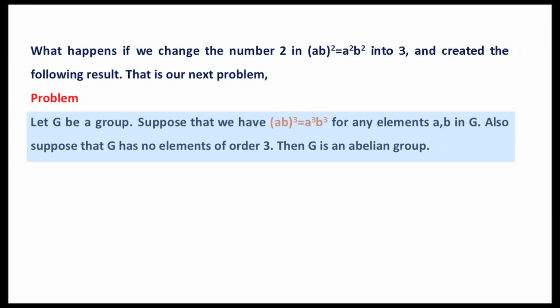Let G be a group. Suppose that we have (ab)³ = a³b³ for any elements a, b in G. Also, suppose that G has no elements of order 3, then G is an Abelian group. Solution.